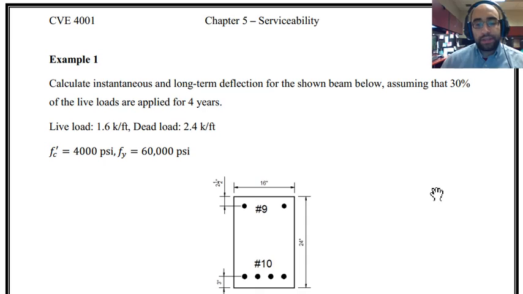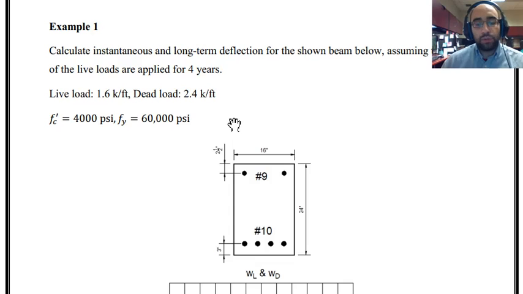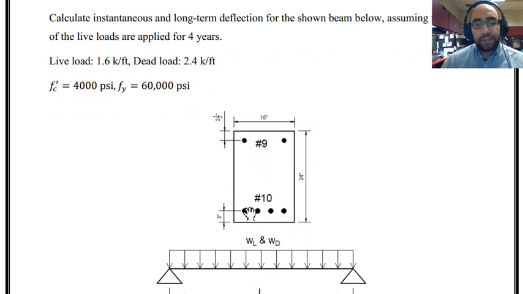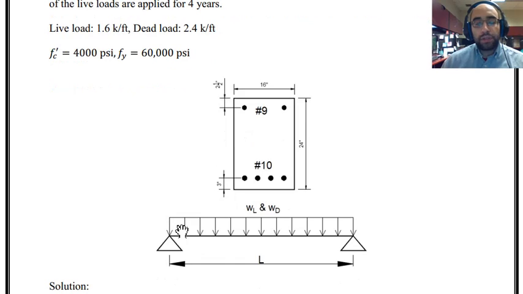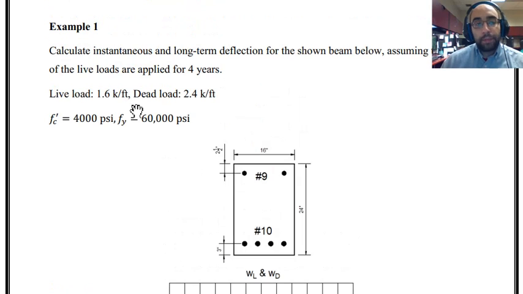The example, you can see it is shown over here. In this example, some information is given to us. As you can see, the cross section is given to us. We have a rectangular shape as the cross section of the beam, and also a simply supported beam is considered as the member that we are going to calculate the deflection for.